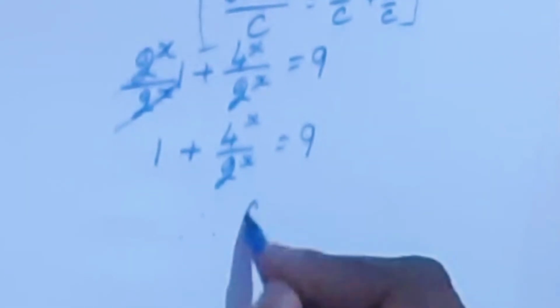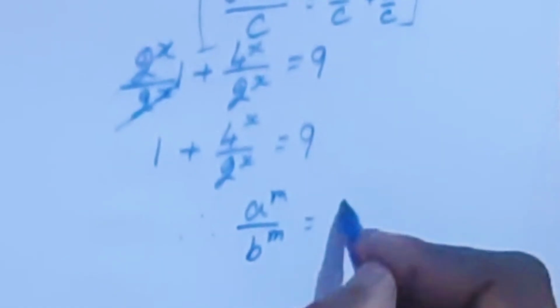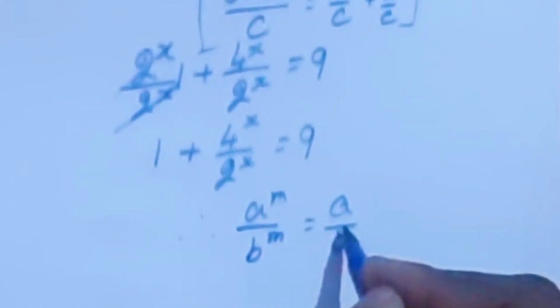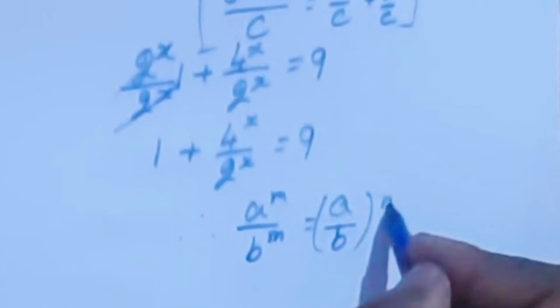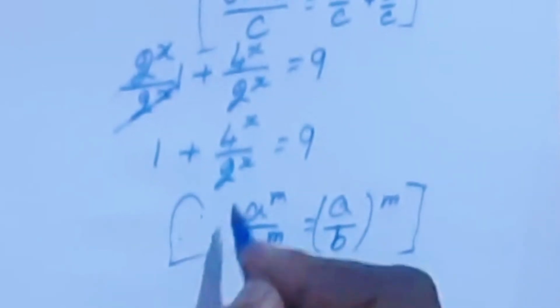Now here we are going to apply this: a power m by b power m equal to (a by b) whole power m. This we are going to apply here.